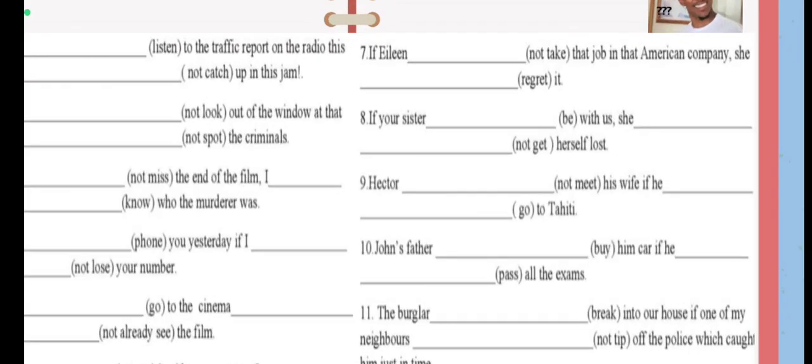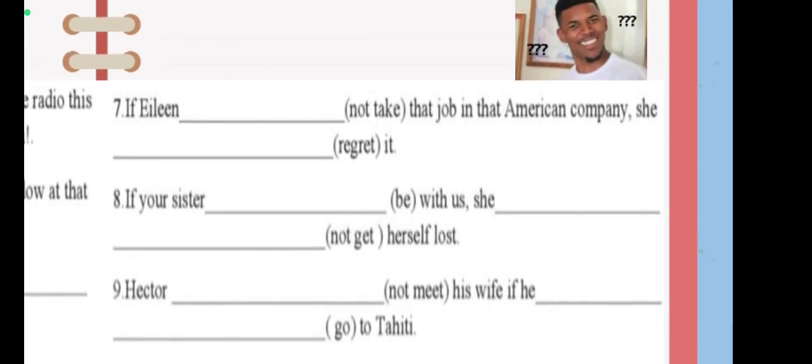Okay. So let's pass to this one. Number 7. If Eileen hadn't taken that job in that American company, she would have regretted it.